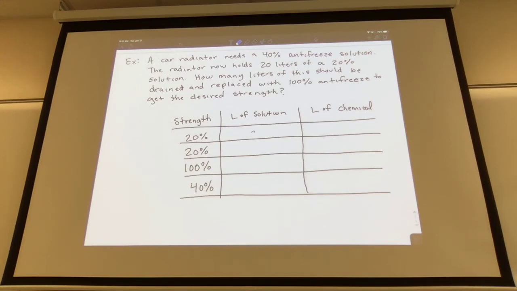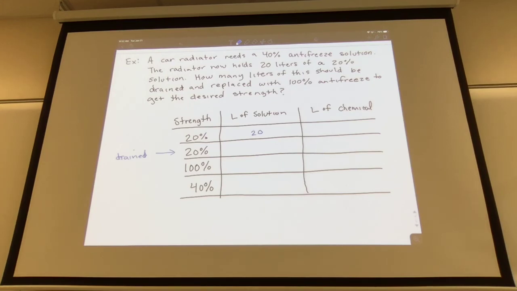So, 20 liters of a 20%. How many of this should be drained and replaced? Well, that's still talking about the 20%. So I put 2 of them because one was what we started with, and they're saying, well, how much should be drained and replaced?